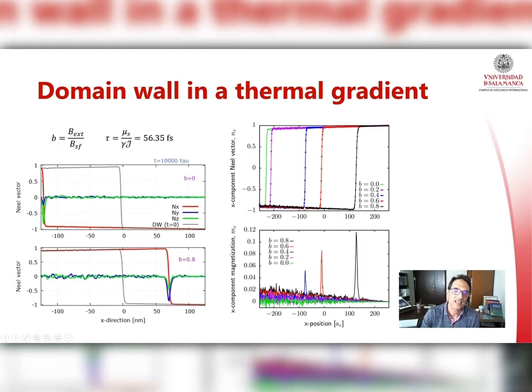And this is indicating that by introducing an external field, a force appears on the domain wall that pushes it to the right. And here at the bottom, we are plotting not the Néel vector, but the net magnetization along the z-axis to point out that it is not 0, particularly it's not 0 at the domain wall.